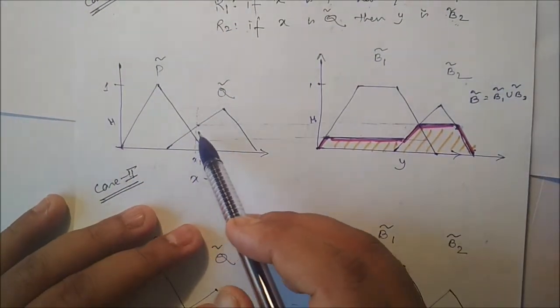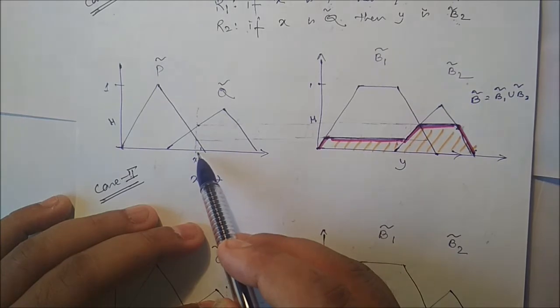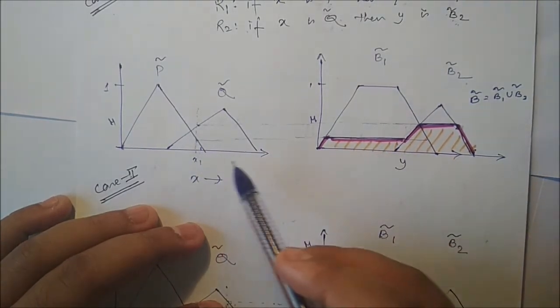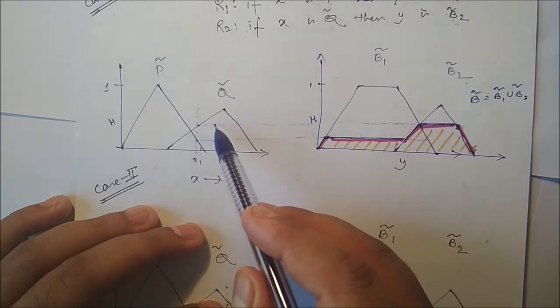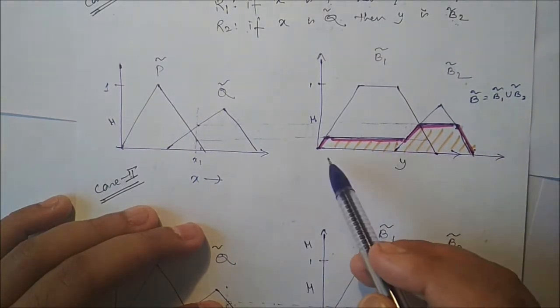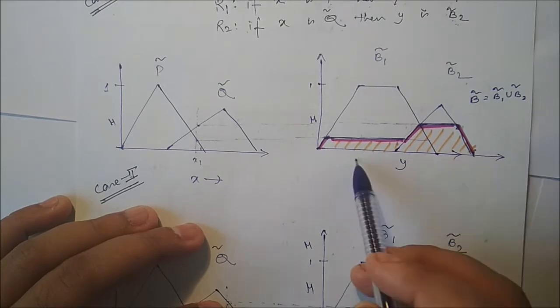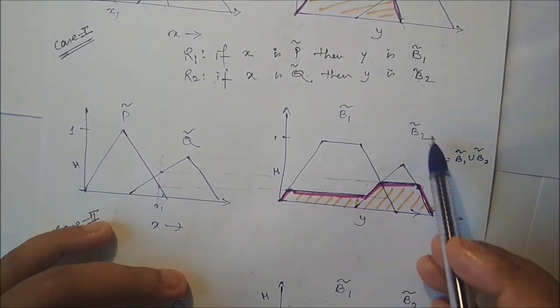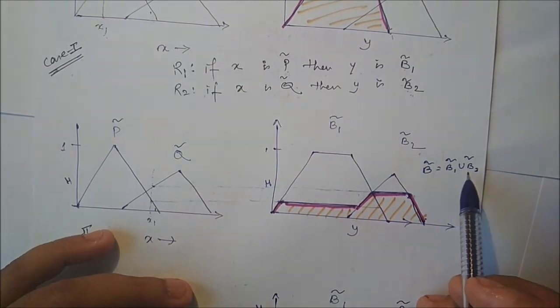Similarly, if it intersects both P and Q, x1 intersects with P, so we need to consider only this particular part, and x1 intersects with Q, we should consider only this particular part. So this is our fuzzy set, this is the output. The output will be the combination of both, the union of both B1 and B2.